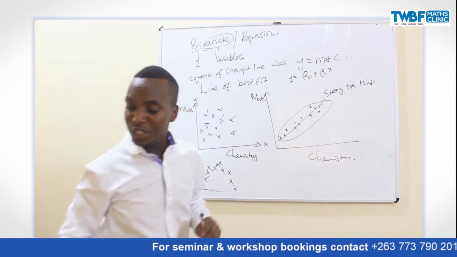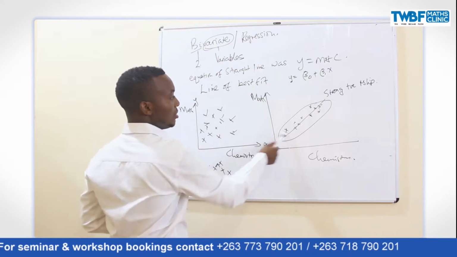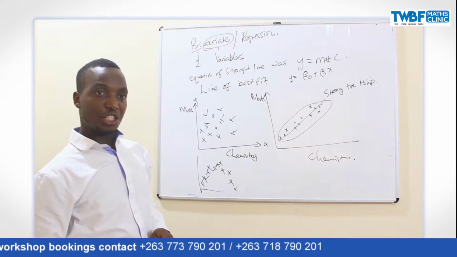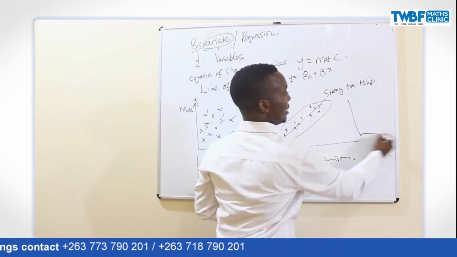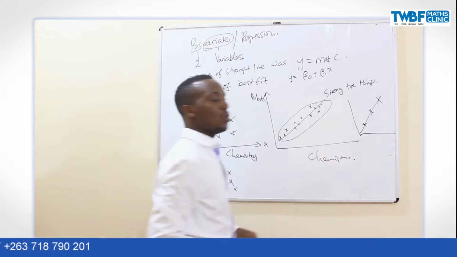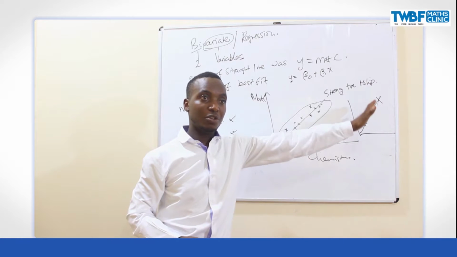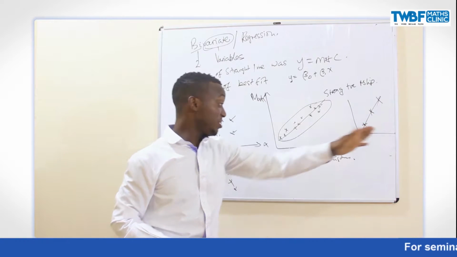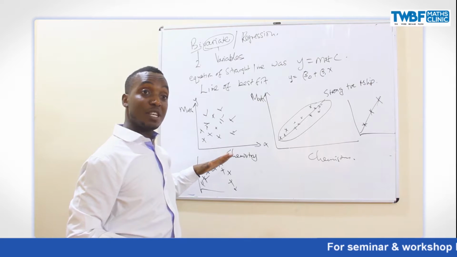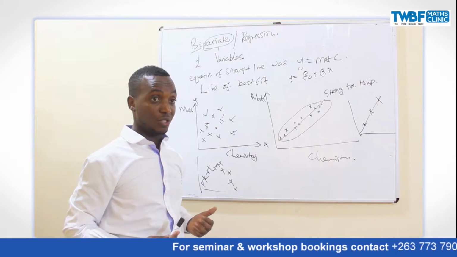So now we are saying poor relationship, strong positive relationship, and if it's like this, it's perfect. All the points are on a straight line, which means you can perfectly estimate chemistry using maths or maths using chemistry.